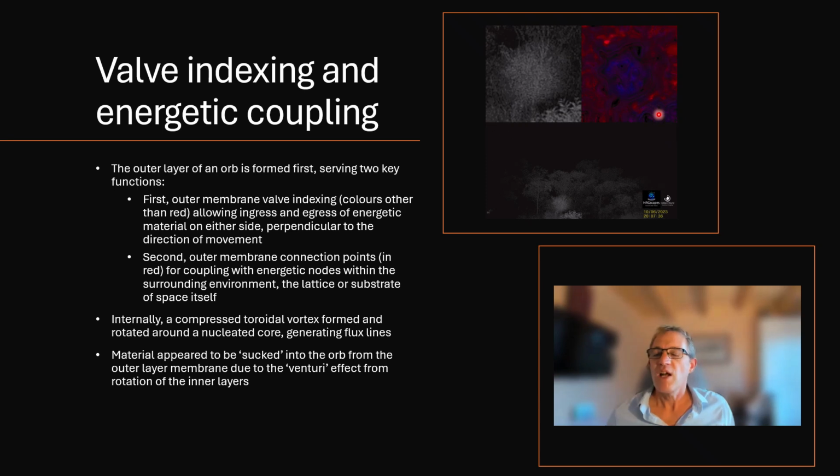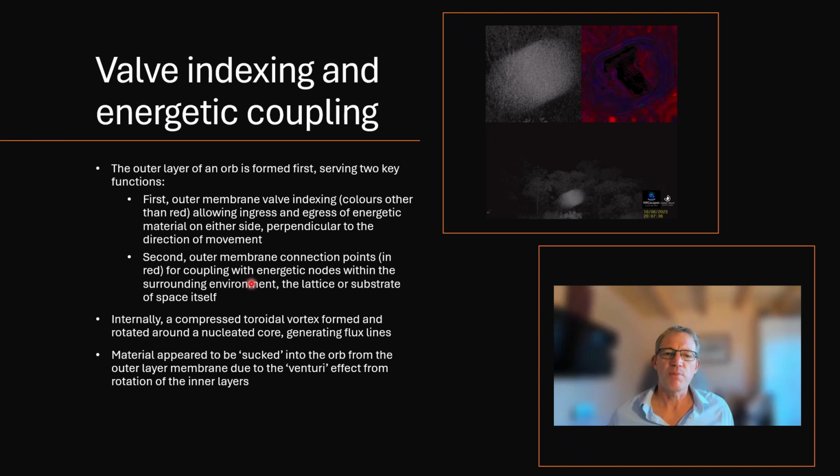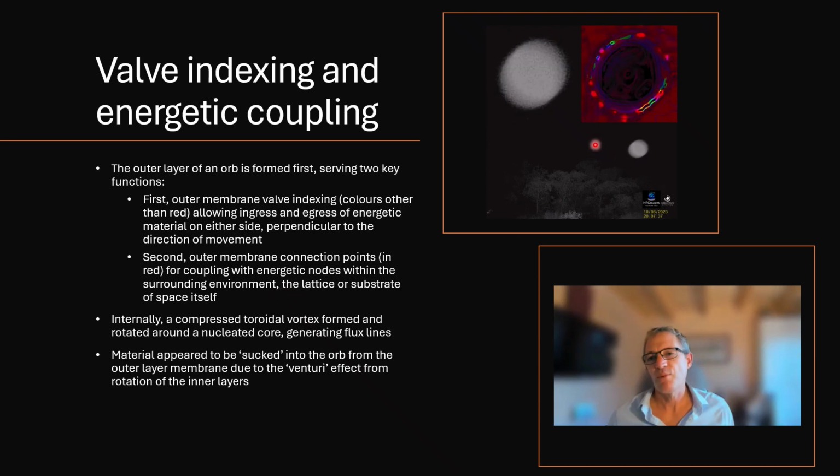So those outer layers are quite important to have them formed first, so that energetic ingress and egress can start straight away, even before we see this toroidal field form around the nucleated core and the internal structure take form. Secondly, the outer membrane connection points in red for coupling with energetic nodes within the surrounding environment, which is the lattice or substrate of space itself.